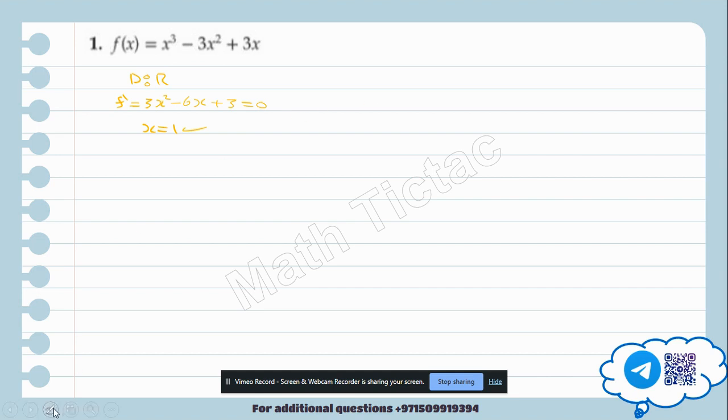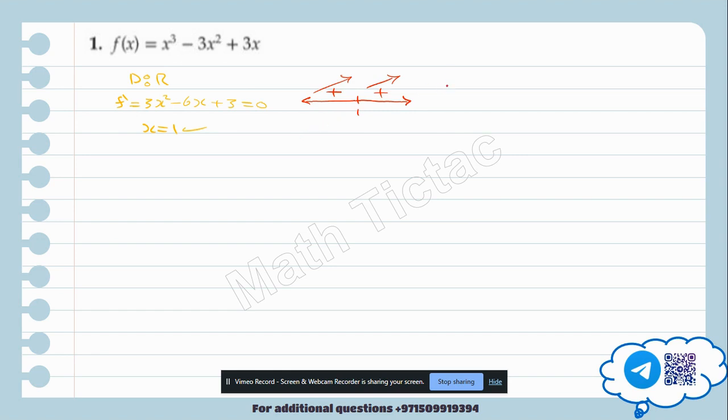So the critical number is x equal to 1. Let's do the first derivative test. Here is the number line, then I have 1. After that I substitute in the derivative a value greater than 1 and a value less than 1. You will find that both values are positive, which means it is increasing. Be careful, you have to substitute in the derivative.